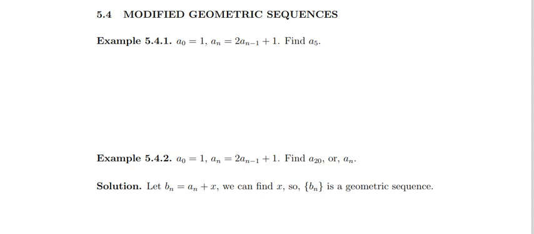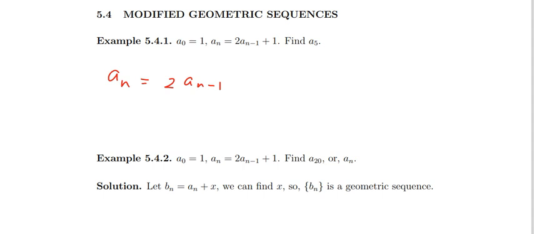So here we have a modified geometric sequence. A geometric sequence is, suppose, a_n equals 2 times a_(n minus 1), so we just multiply by 2, multiply by 2, multiply by 2. So this is a geometric sequence, right?